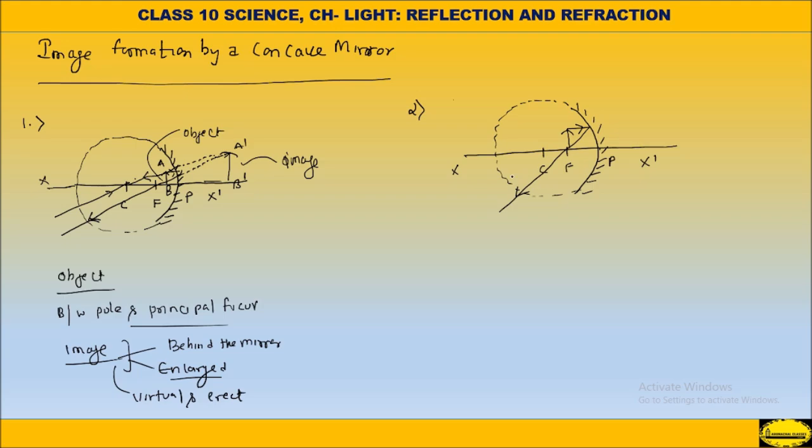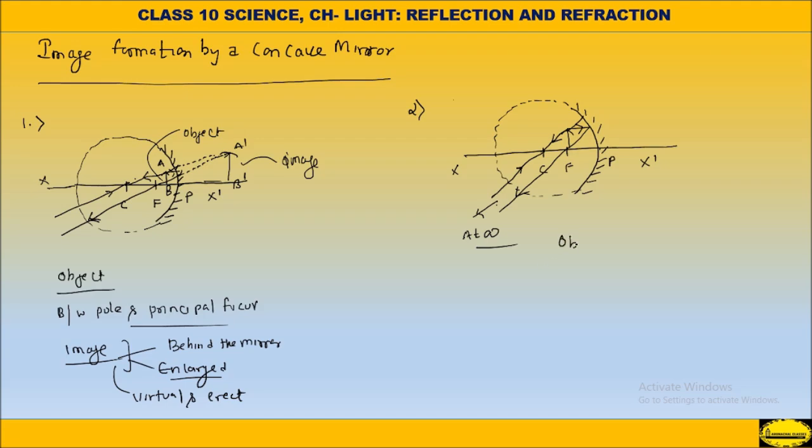Another ray of light passing through the center of curvature, touching the object and getting incident on the concave mirror reflecting surface, reverts back on the same path. So these rays will meet at infinity. So image formation will be at infinity.